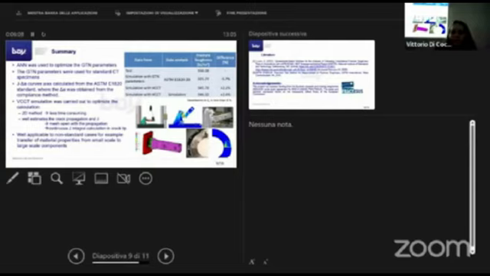So to summarize our results, we made an artificial neural network to generate the GTN parameters. The parameters were validated with CT specimens. Thereafter, we compared them with the testing results where we used unloadings.